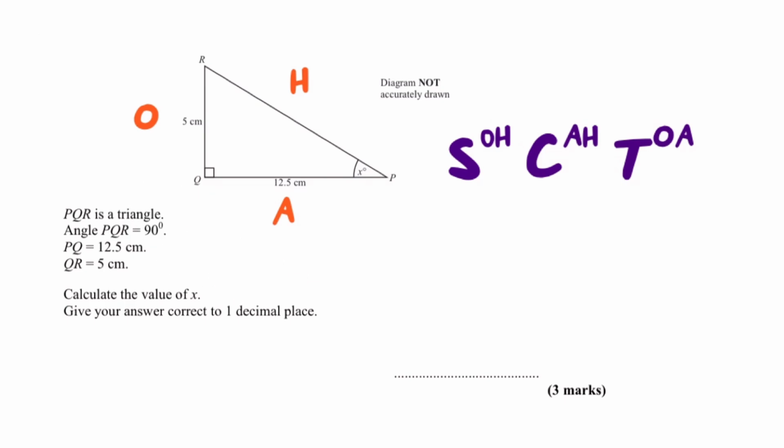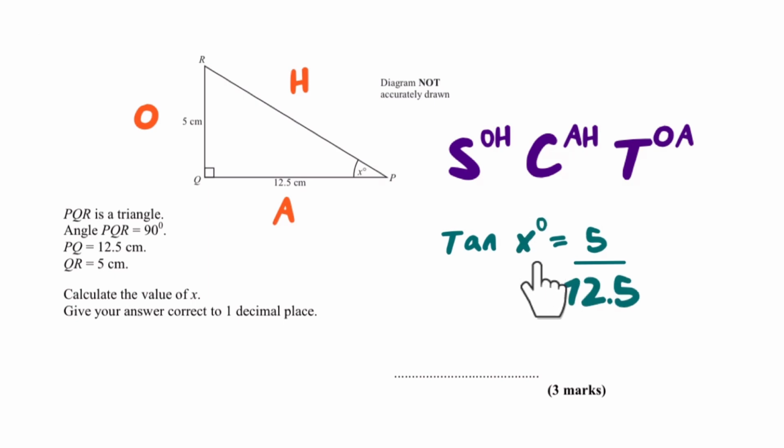So it's going to be tan angle is equal to O divided by A. Now we're going to substitute all the numbers into the equation. This time we don't have a given angle, our angle is x. So we just need to substitute that with x and the O with 5 and the A with 12.5. So let's put that into the formula. And this is what it looks like.